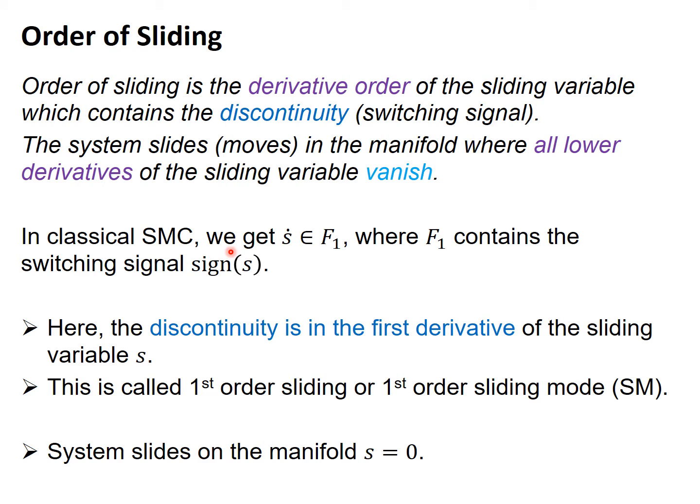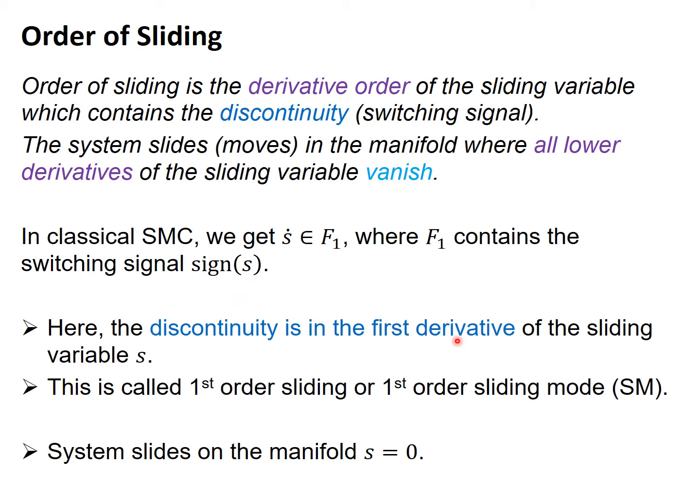In classical sliding mode control we had seen that S dot equals something and the sign S term is there. The sign S term is there in the S dot equation. That is what has to be noted from here. So, the order of the sliding variable in which the switching signal is present is 1 because it is S dot.